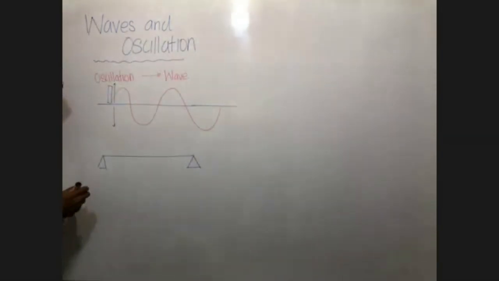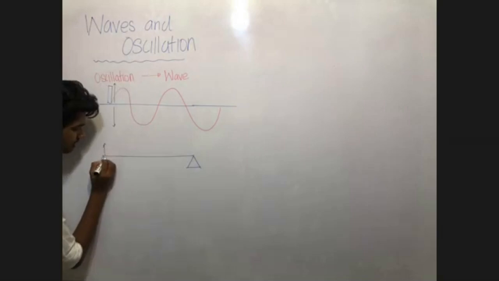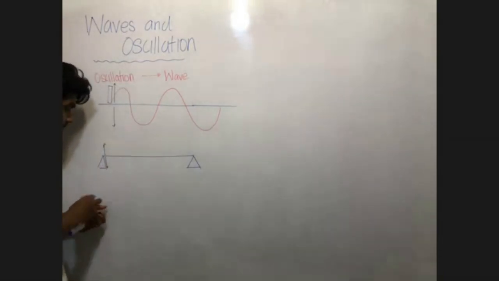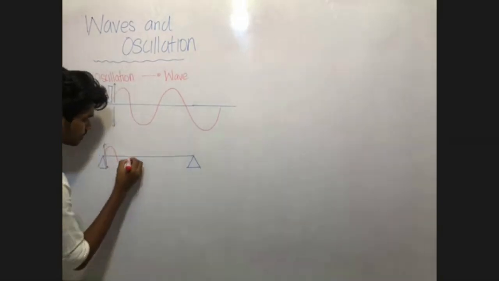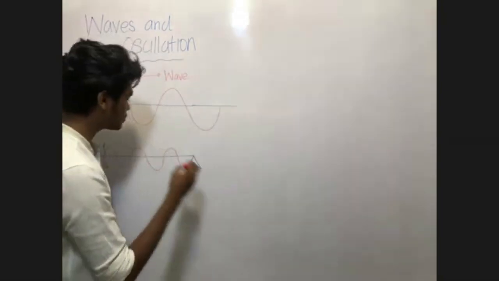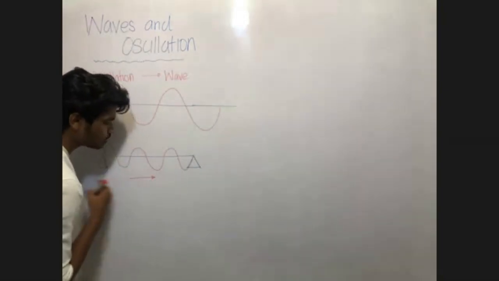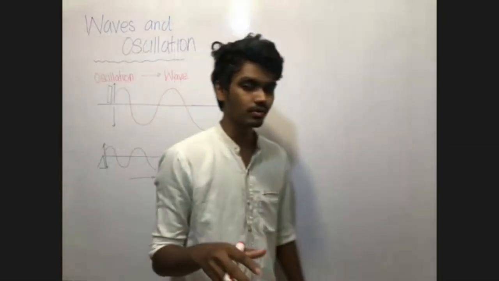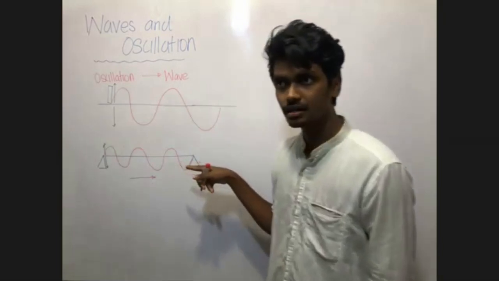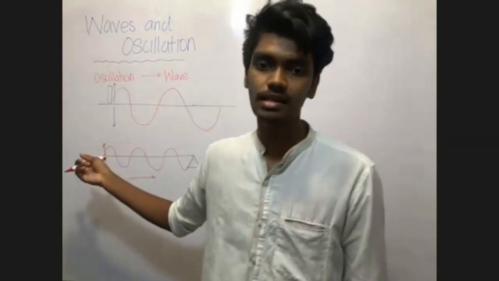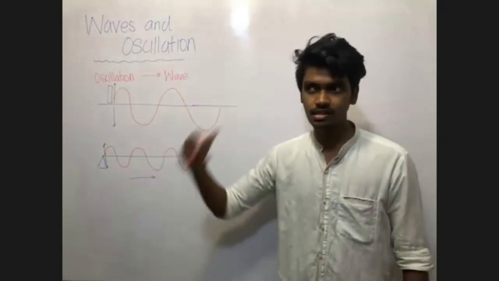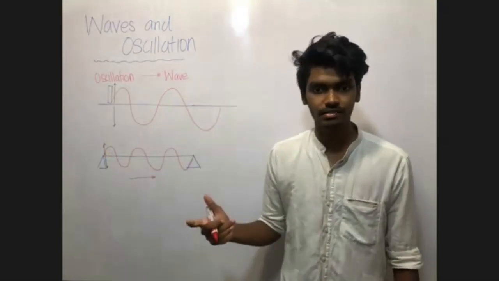When you do that, a transverse wave starts to propagate along the string. Once again, this wave started to propagate due to the oscillations. So first of all, we will have to talk about what an oscillation is and the things under oscillation.